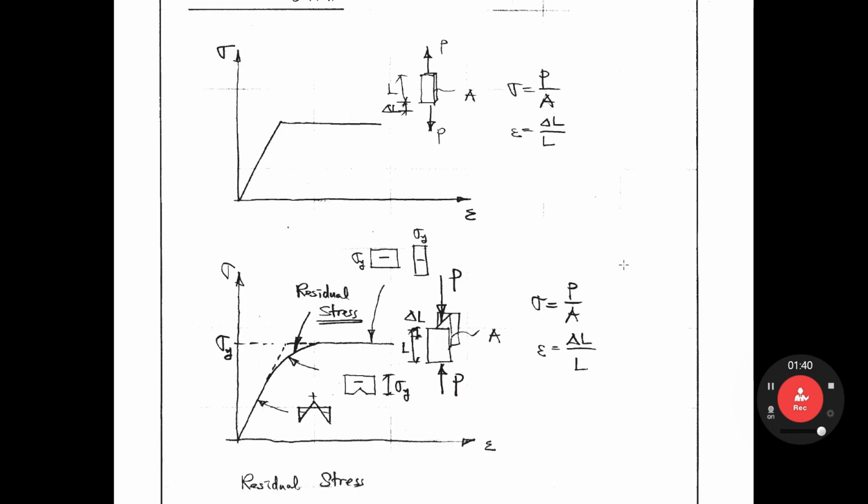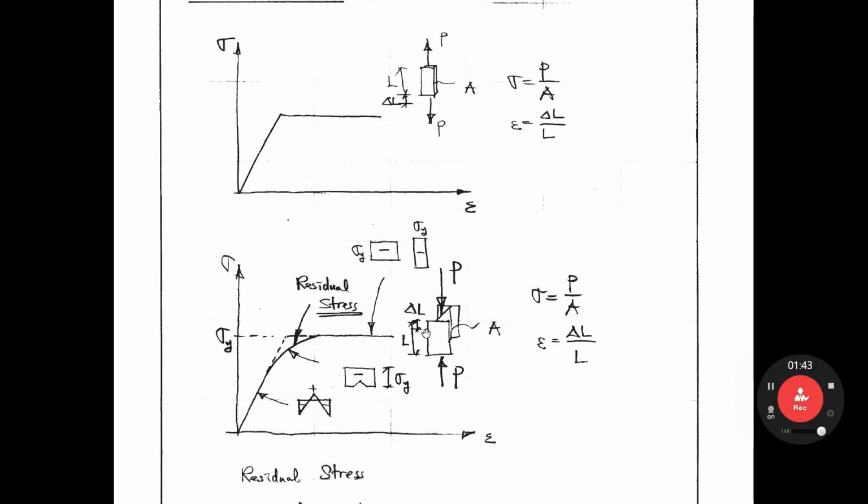But if you consider this kind of column, a very short column, and apply the load P, then we can also calculate sigma, P over the whole area of this H column.